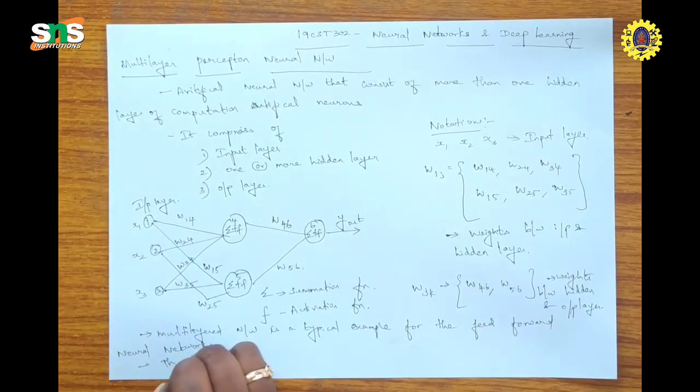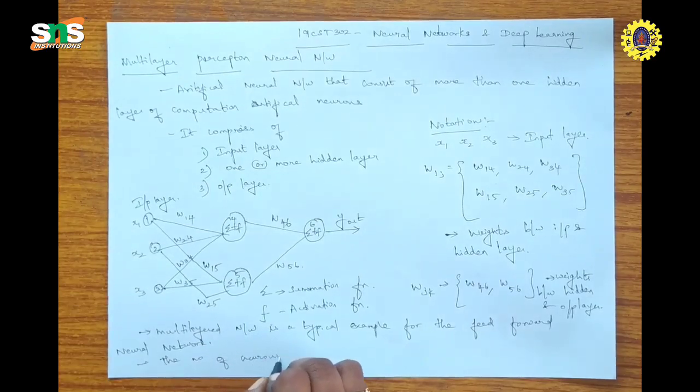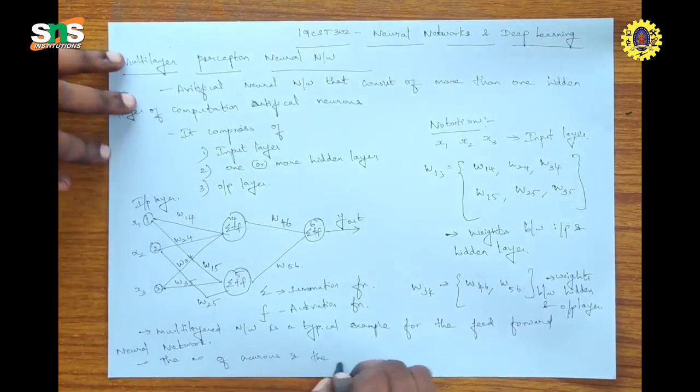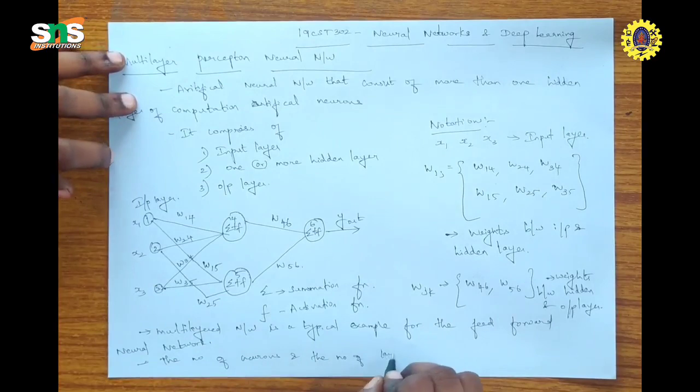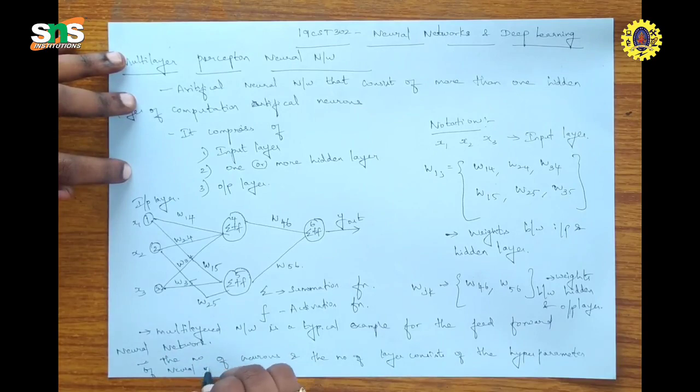The number of neurons and the number of layers are hyperparameters of the neural networks, which need tuning.